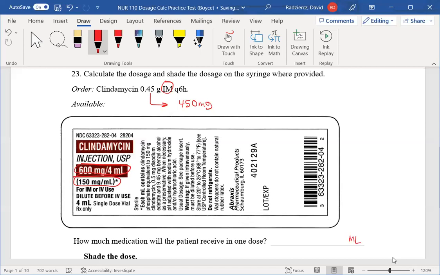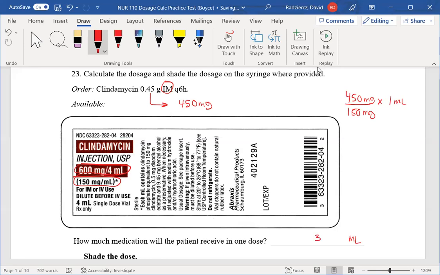So in your blueprint, when it says two-step oral-based medications, this is an example of a two-step oral-based medication. I'm going to take my order over my available times my quantity. 450 divided by 150 gives me 3 ml.